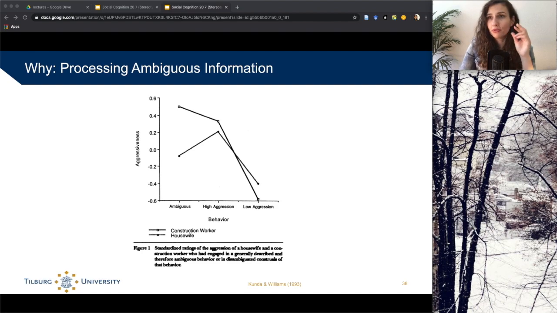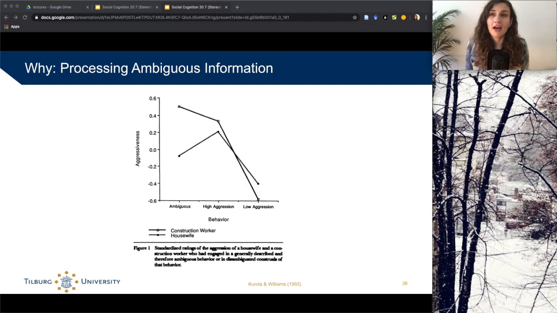So yes, we do see it. People's aggressiveness ratings respond to how aggressive the deed was. Spanking a child was considered to be less aggressive than hitting the taunting neighbor. But the aggression levels were similar for the construction worker and the housewife.